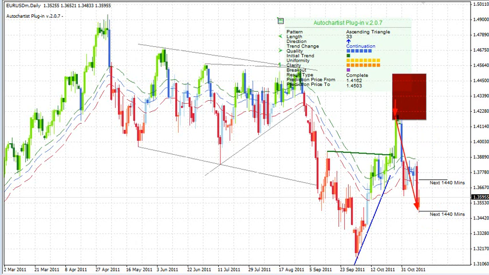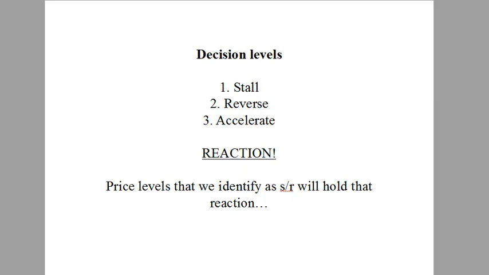So again, support and resistance, really, I think we have to take it back to what I was talking about before, which is the reaction. Do you understand what the reactions can be? Prices can only stall, reverse, or accelerate.